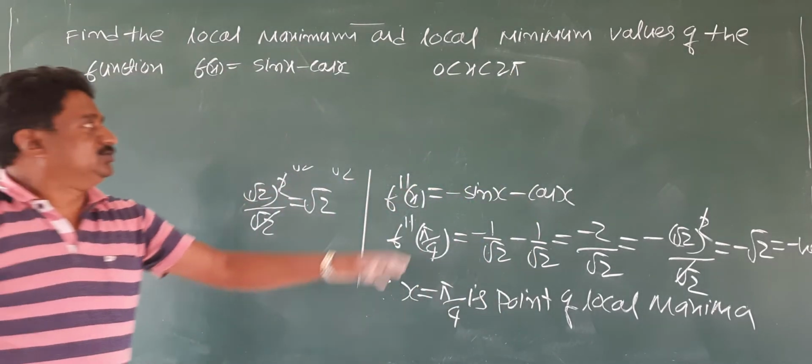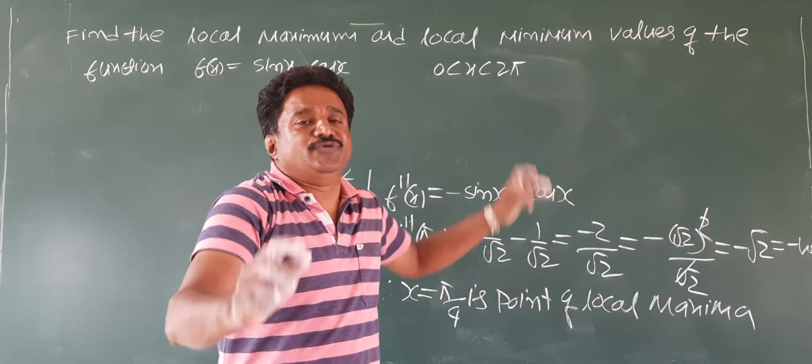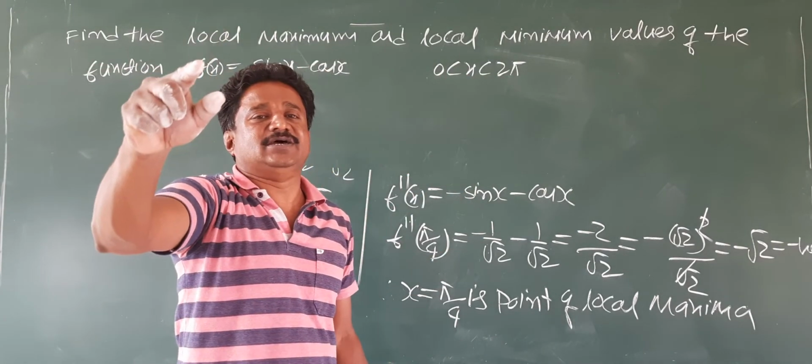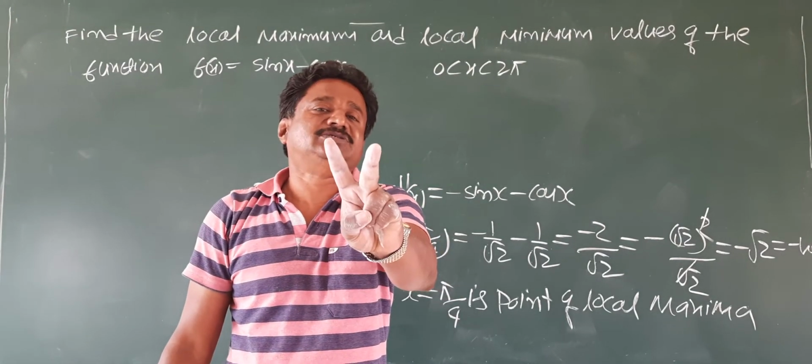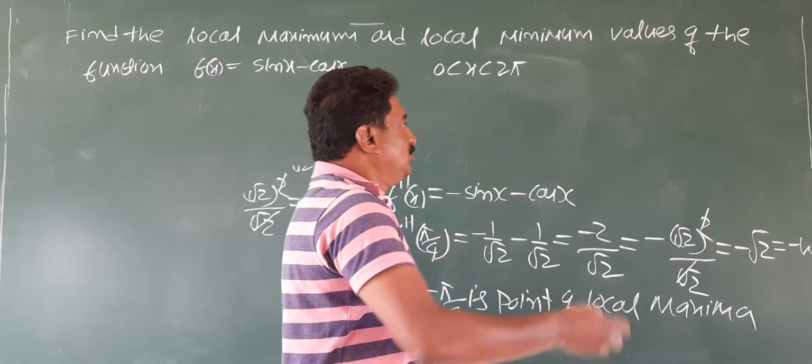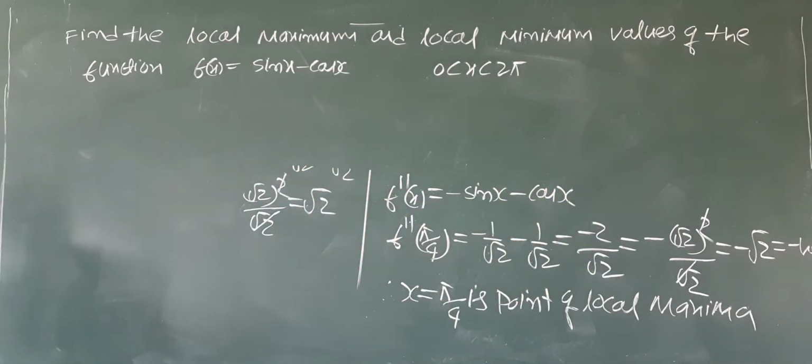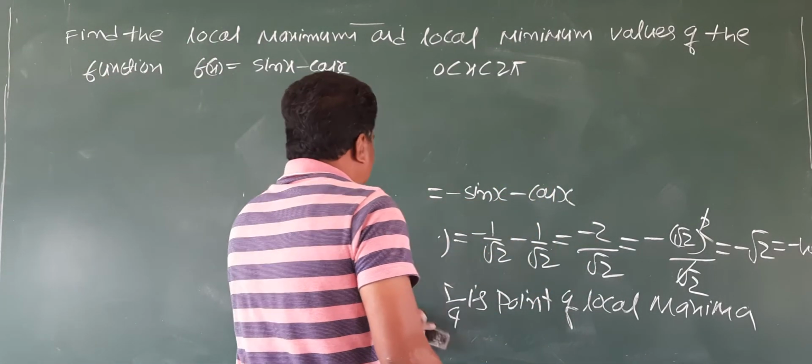Here 0 to 2 pi means which includes all the quadrants. If all the quadrants are given, surely we will get 2 x values. If the first quadrant is given, look at this note, students. Note: keep this in mind.